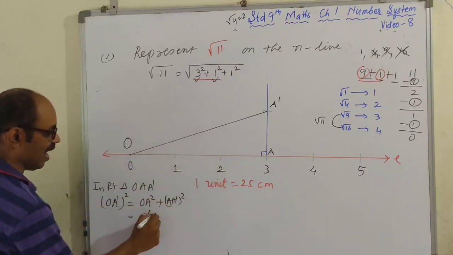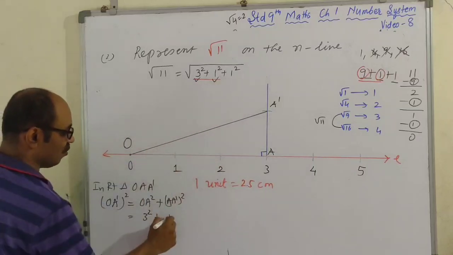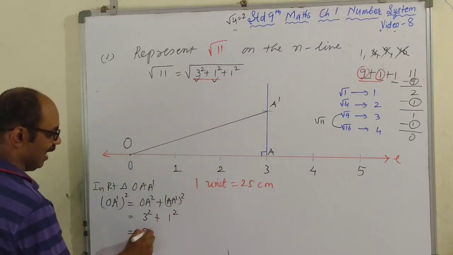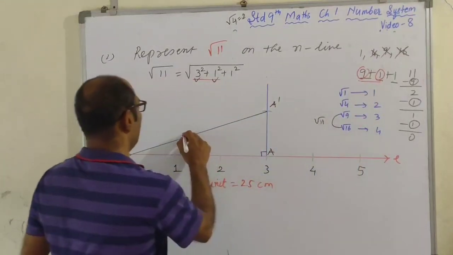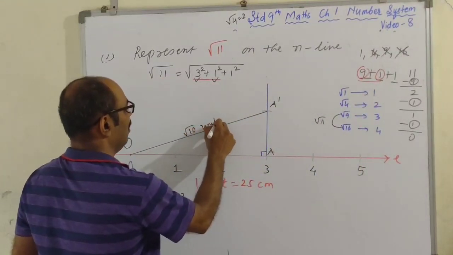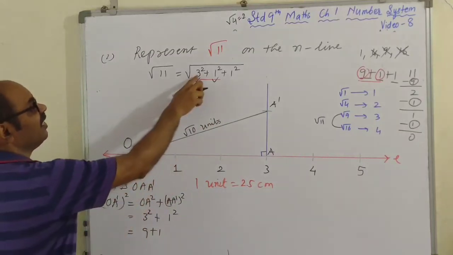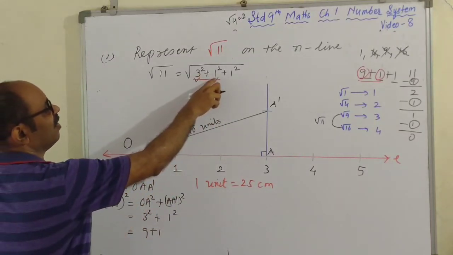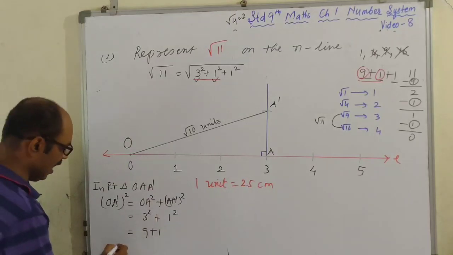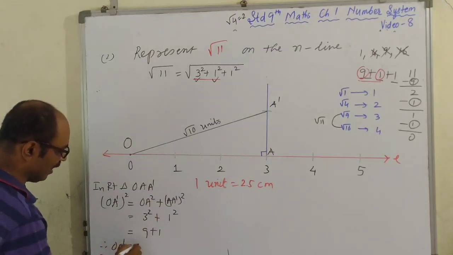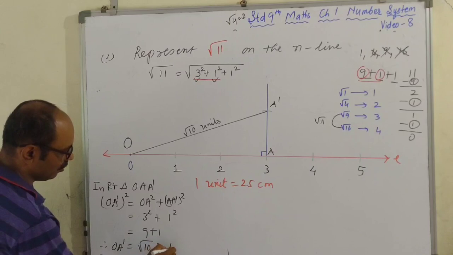OA 3 square, AA dash 1 square, 9 plus 1, वो तो पहले से पता था आपको, 9 plus 1 is 10. This is root 10 units. All right? So this is root 10. ये लिख दिया. Therefore I am writing directly OA dash is equal to root 10 units.